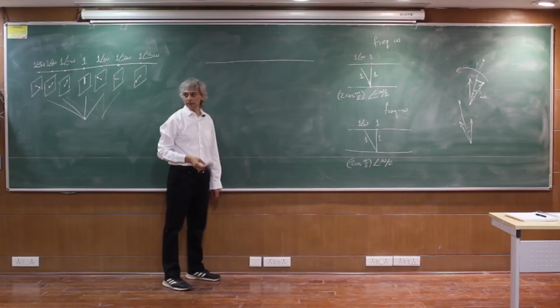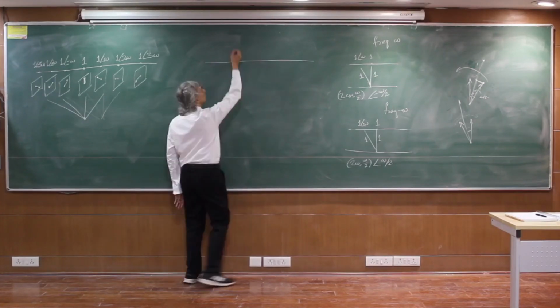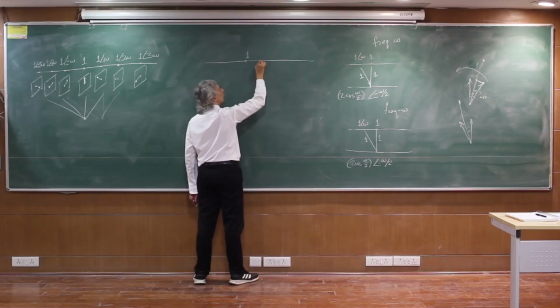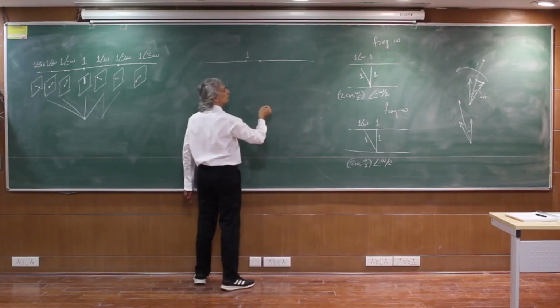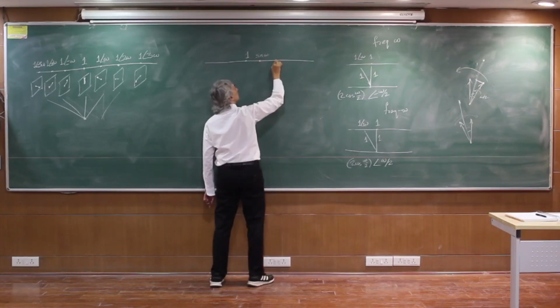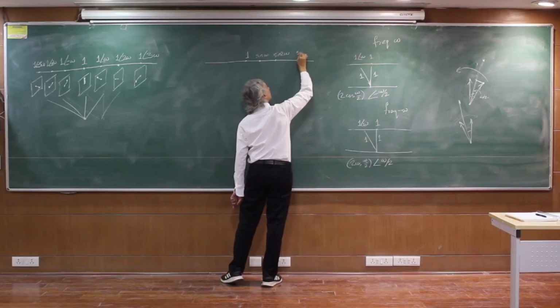Basically, this will be 1, this will be sine omega, this will be sine 2 omega, this will be sine 3 omega, correct?